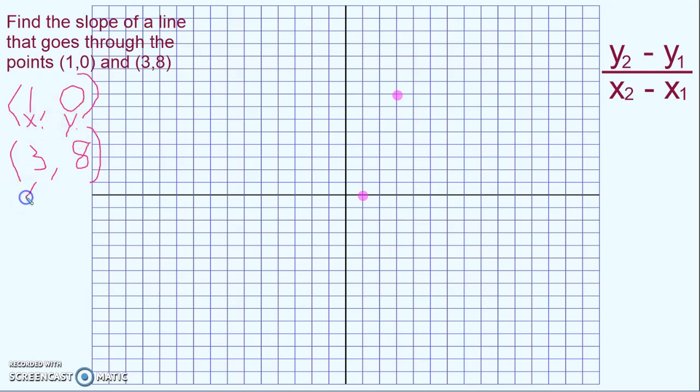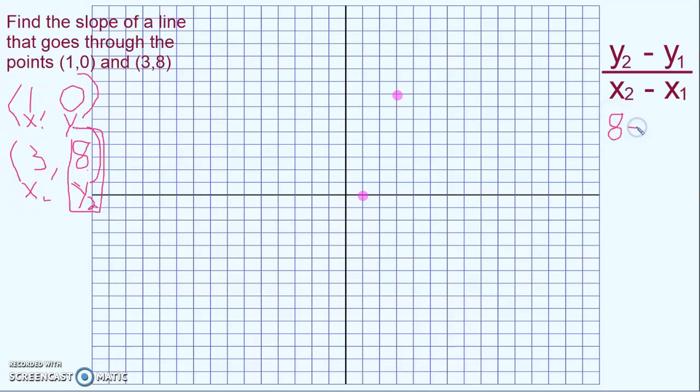And I'm going to take the 3 and label that as x2, and I'm going to take the 8 and label that as y2. That way we can just plug these straight into our formula over here, which is y2 minus y1 divided by x2 minus x1. So now all I need to do is find my y2, which is here, and that's 8, and plug it into this formula.